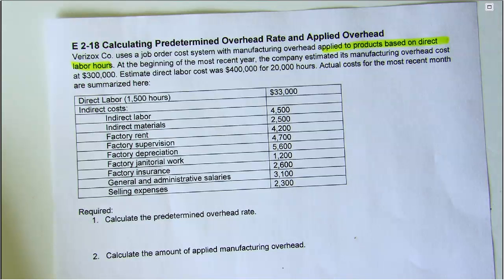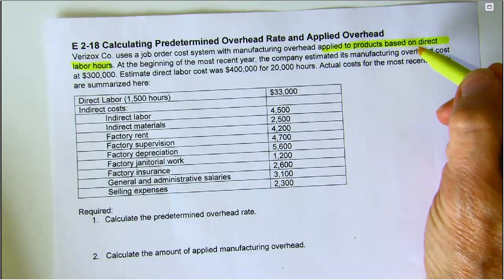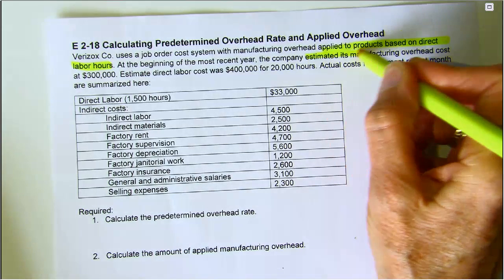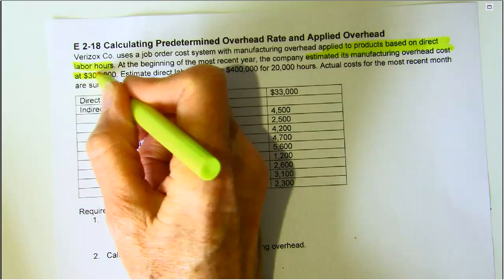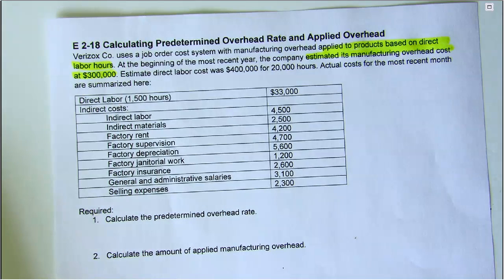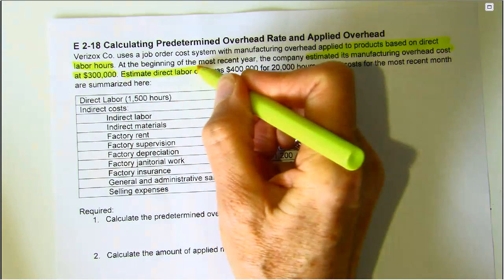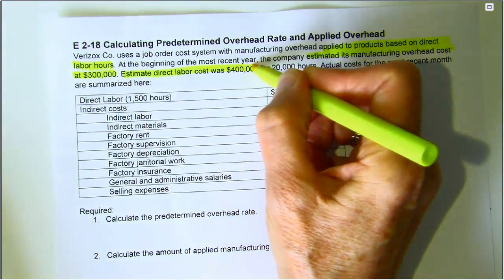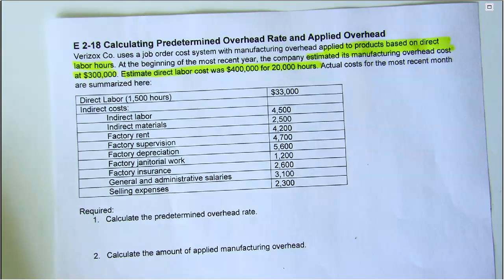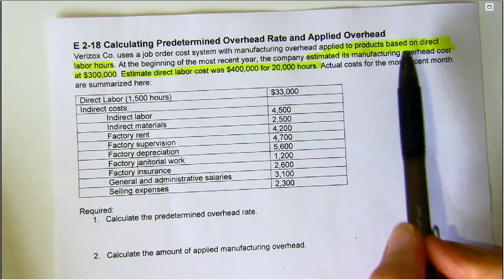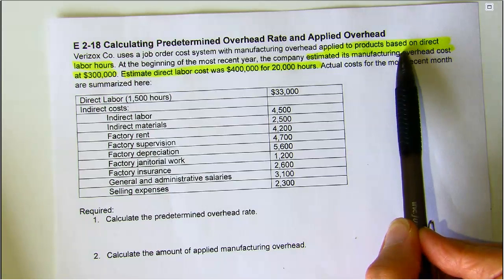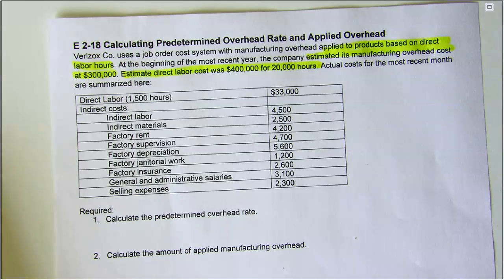At the beginning of the most recent year, the company estimated its manufacturing overhead cost at $300,000. We need that number. They estimate direct labor cost was $400,000 and direct labor hours were estimated at 20,000. Now remember, it says that the rate should be based on direct labor hours, so that's what we're going to use when we calculate the rate.